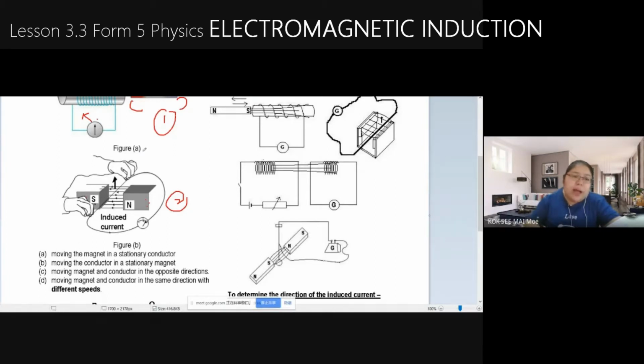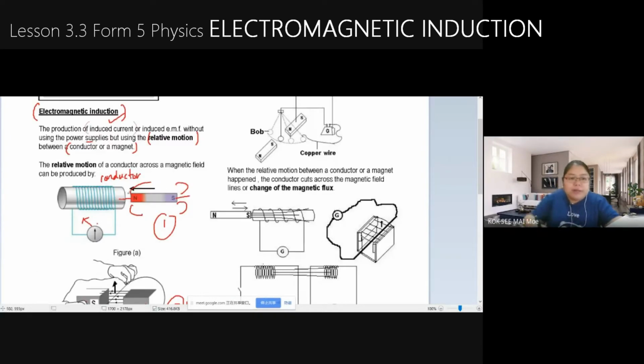When you cut the magnetic field, the galvanometer also deflects. Deflection means they produce an induced current. So we have two situations that can produce an induced current: either your magnet goes into the conductor, or your conductor cuts the magnetic flux. What is important is that it cuts the magnetic flux. Either one can move. If both move, it also works.